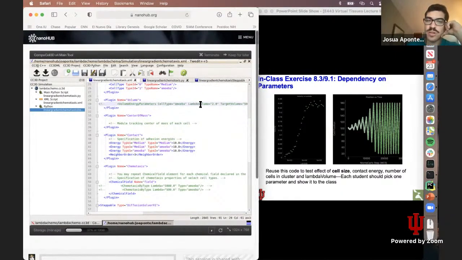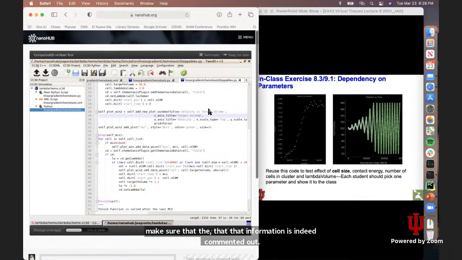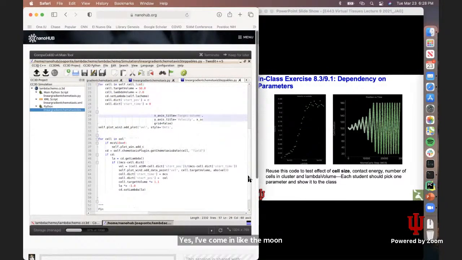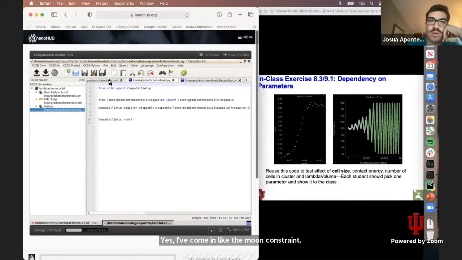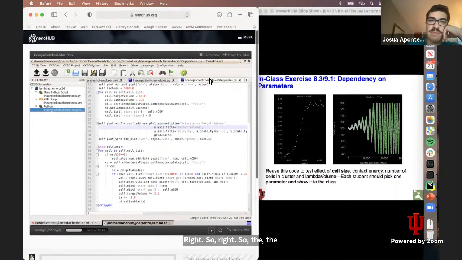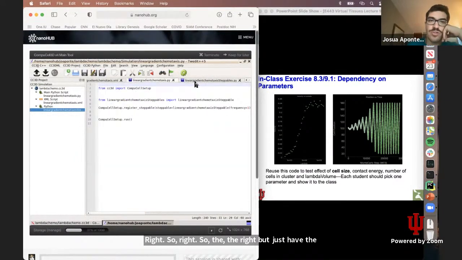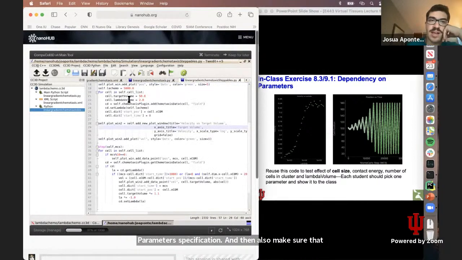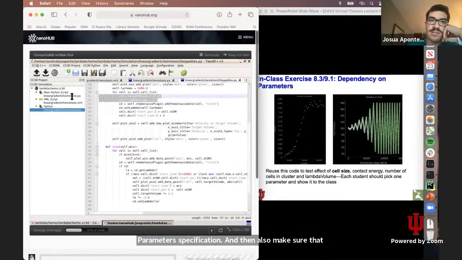So make sure that information is indeed commented out. Yes, I commented out the volume constraint. Right, but just the parameter specification, and then also make sure that you specify it here when you create the cell.